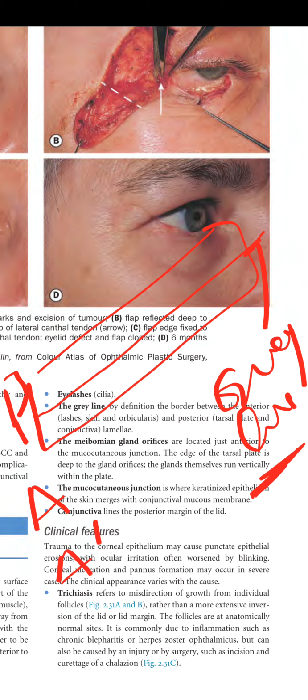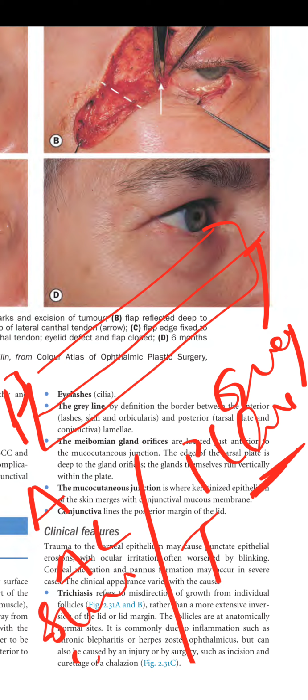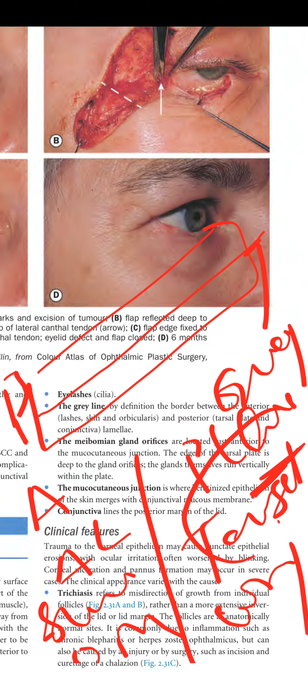The anterior lamella consists of the skin and the orbicularis muscle, and the posterior lamella consists of the tarsal plate and conjunctiva. Within the tarsal plate are the meibomian glands, and that is why the orifices lie in the tarsal plate.